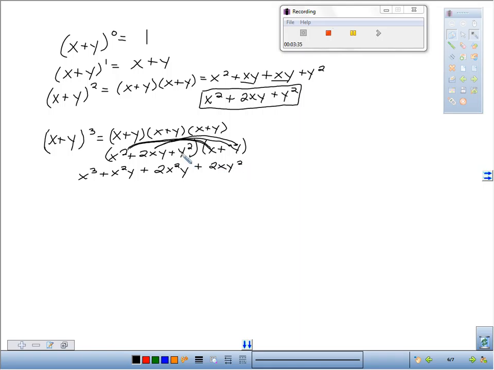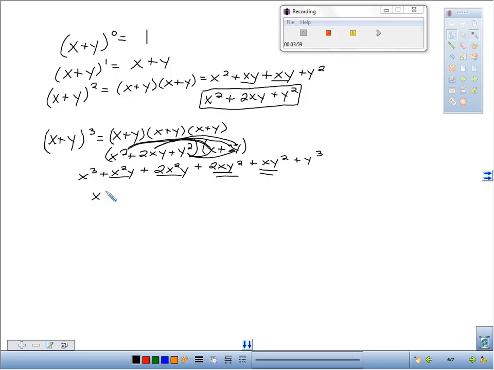Then I'm going to take the y squared and multiply that by the x and get xy squared. Then I'm going to do the y squared times the y and get y cubed. Finally, I'm going to combine my like terms. This and this are like terms, and then this one and this one are like terms.